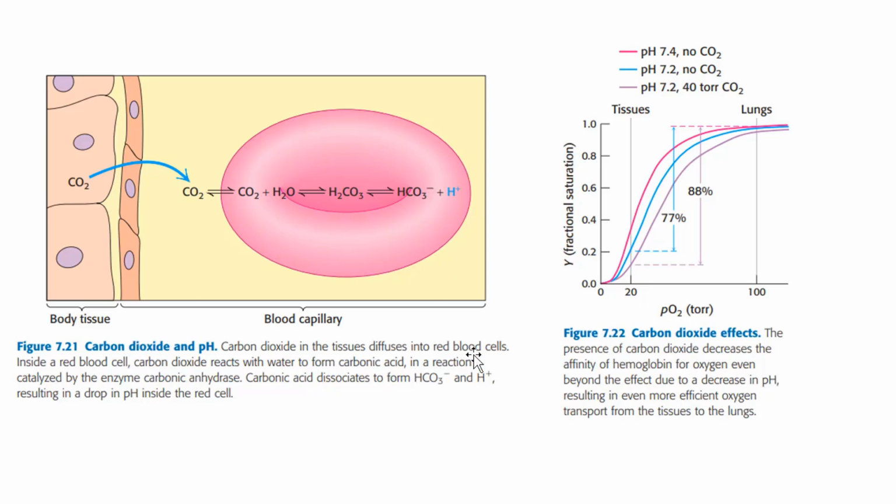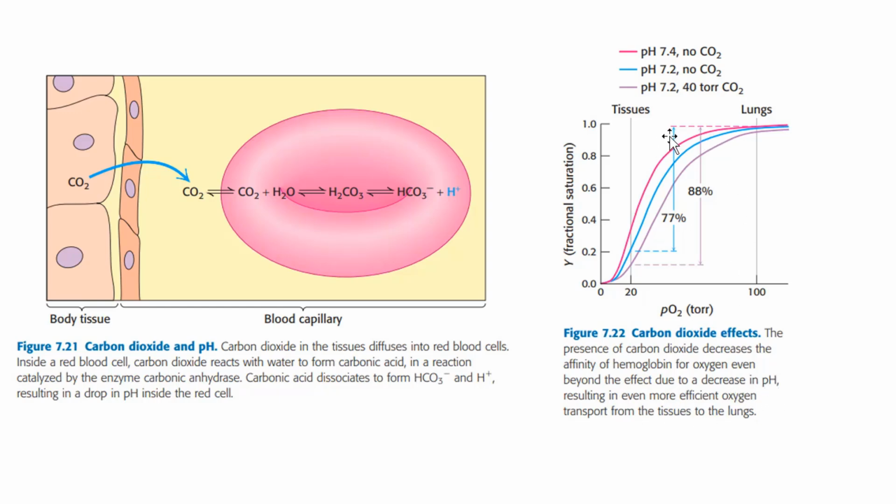So here you can see, carbon dioxide side effects. The presence of carbon dioxide decreases the affinity of hemoglobin for oxygen even beyond the effect due to a decrease in pH.